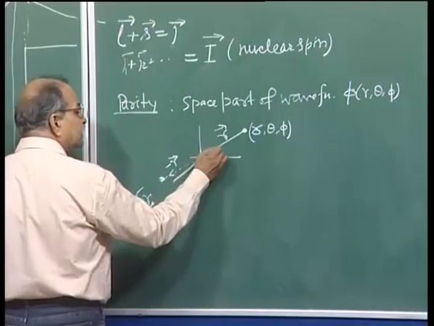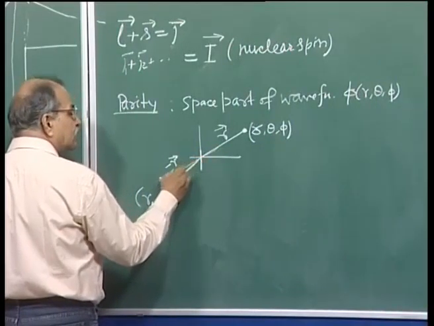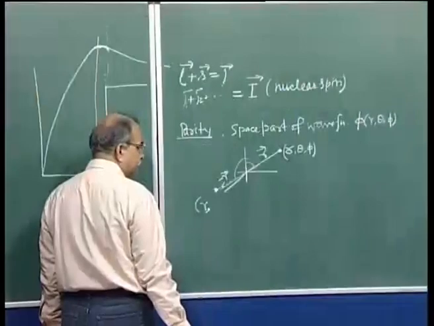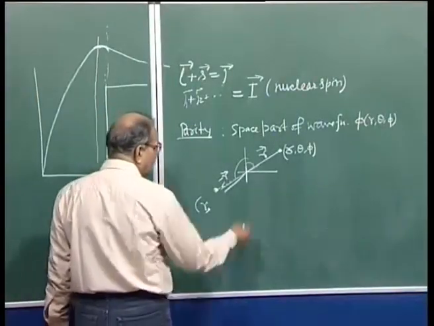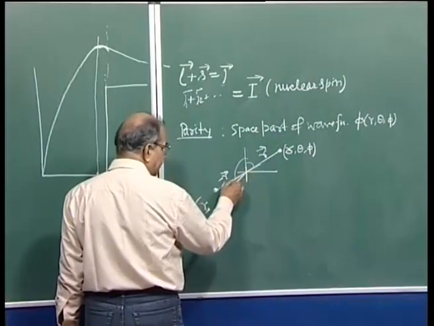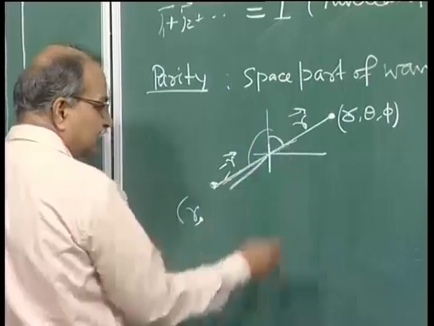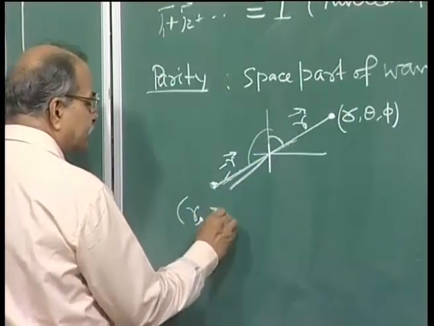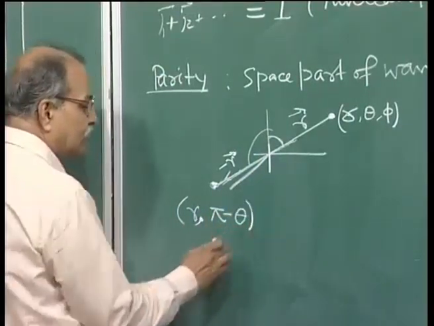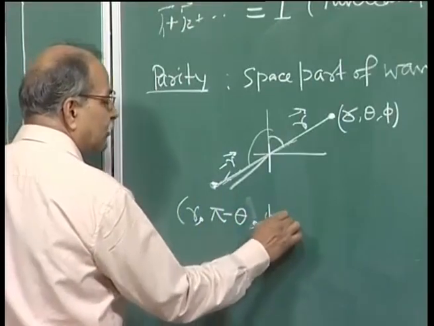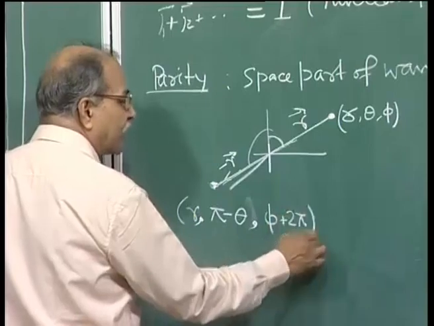From here it is this and now it is this. So, this was theta and now this is theta. How much is it? This whole thing is pi, and this thing is theta. So, it is pi minus theta. Okay. And what happens to phi? Phi goes to phi plus pi.